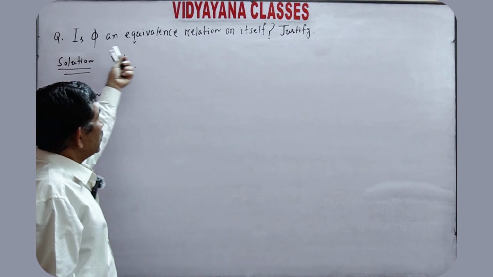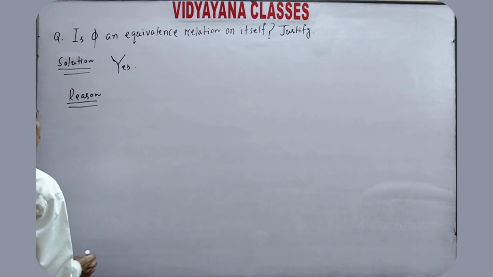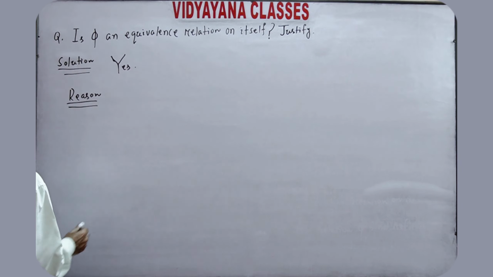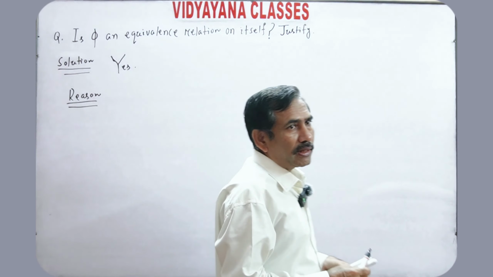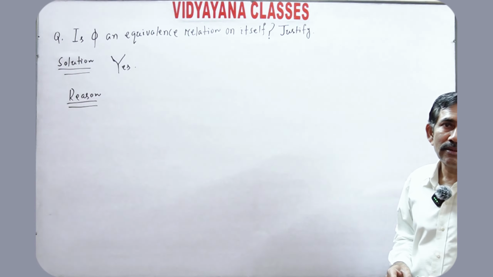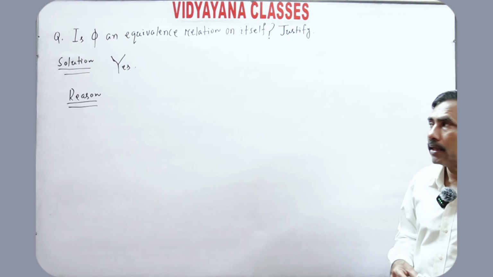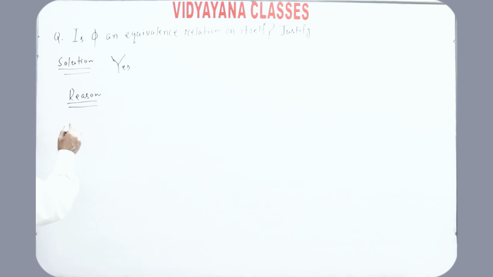Phi is the relation and the given set is phi. Phi is an equivalence relation on itself. We have to test that phi satisfies the definition of reflexive, symmetric and transitive. Test for reflexive.